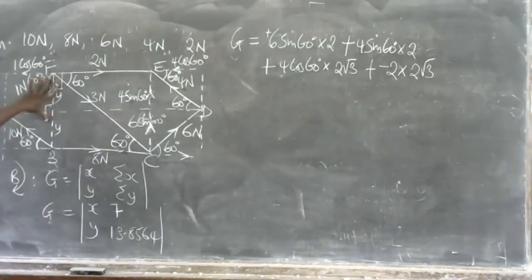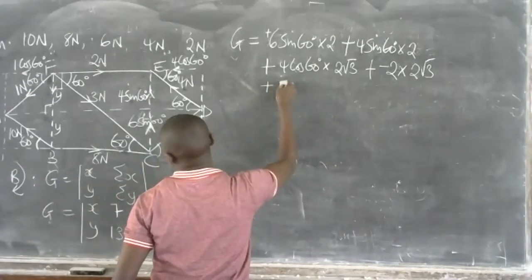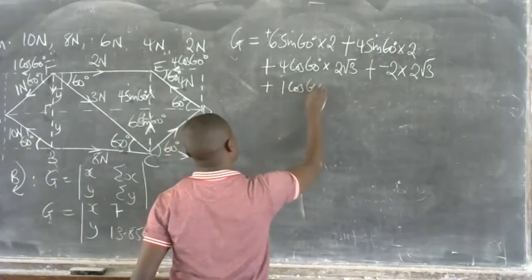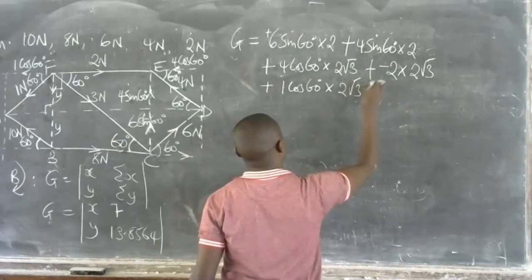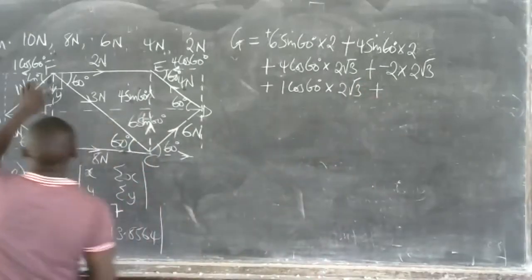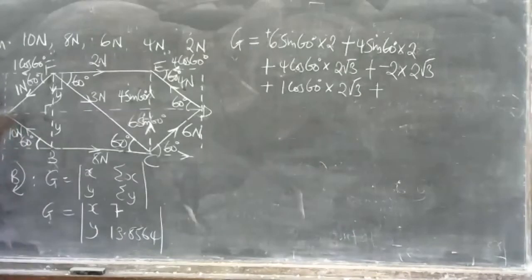And the perpendicular distance is BF, 2 root 3. So this is going to be plus 1 cos 60 degrees times 2 root 3. Plus, this one has no moment since it is through B. But if you had resolved using this point here, then you have 2 components. So that is done, no moment.